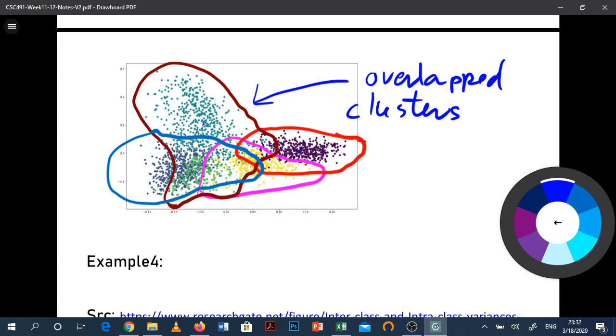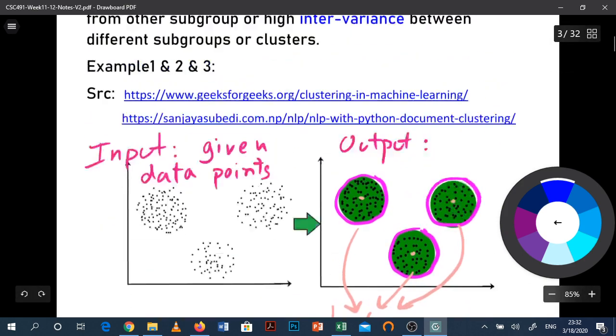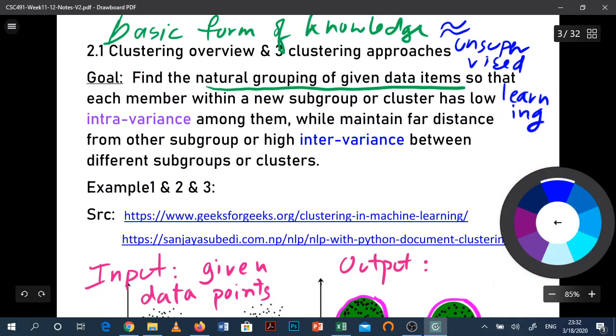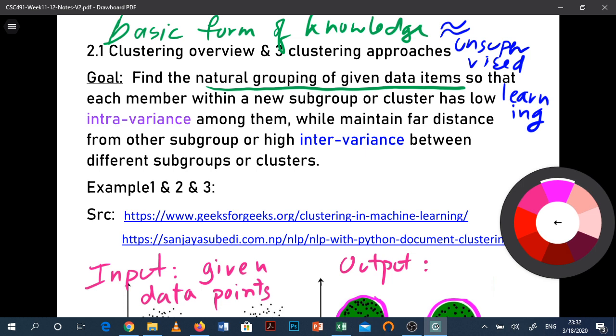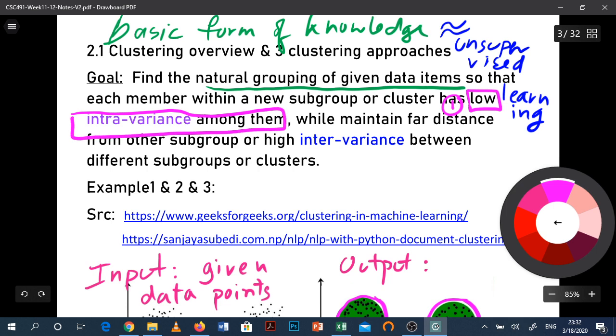So if that's not ideal, what do we want in a good cluster? Now I'm back to tell you more about the good properties. We are looking at two things. First, it has to have low intra-variance among its members. This quality talks about compactness within the cluster.